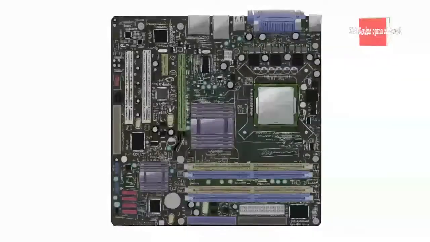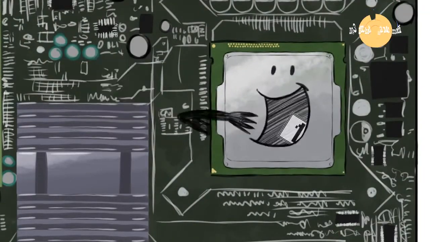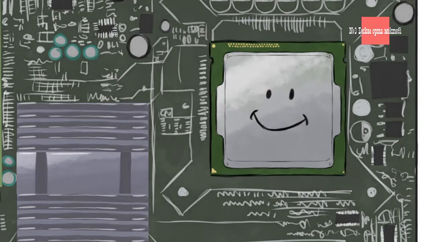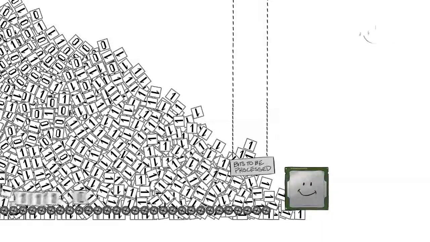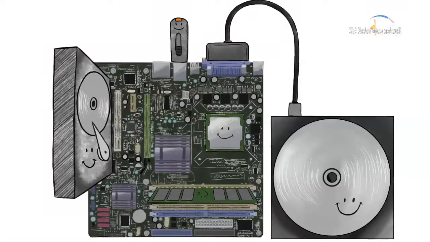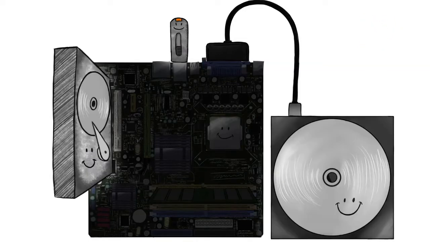Files and programs consist of millions of these bits, all processed in the Central Processing Unit, or CPU, that acts as the computer's brain. And as the number of bits needing to be processed grows exponentially, computer designers face a constant struggle between size, cost, and speed. Like us, computers have short-term memory for immediate tasks and long-term memory for more permanent storage.